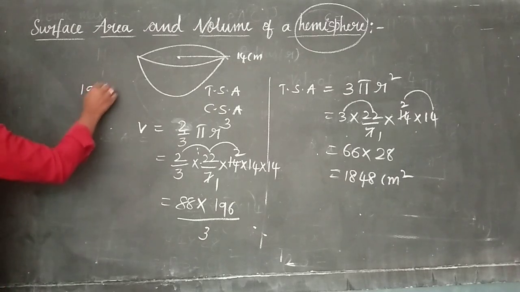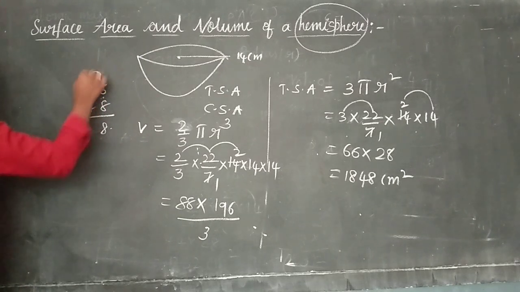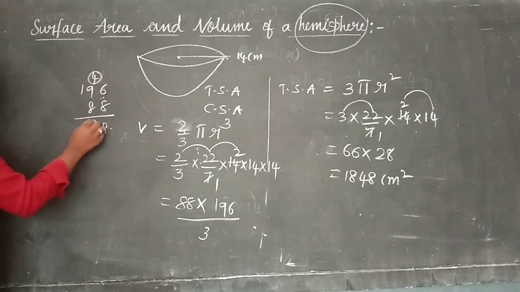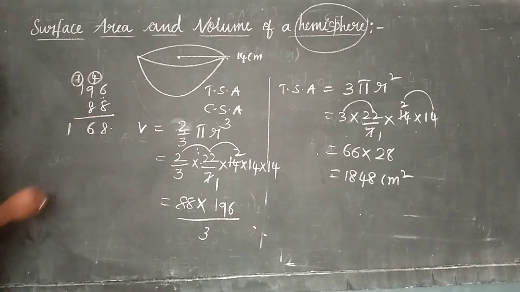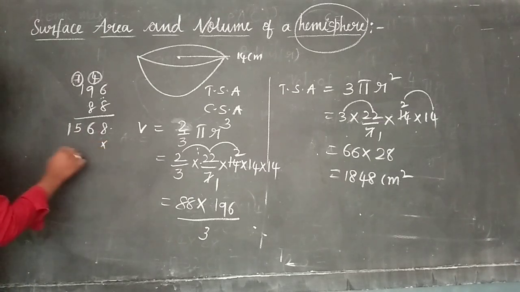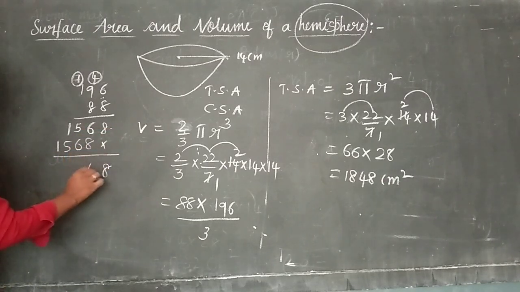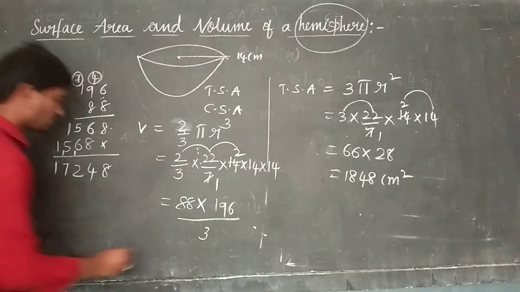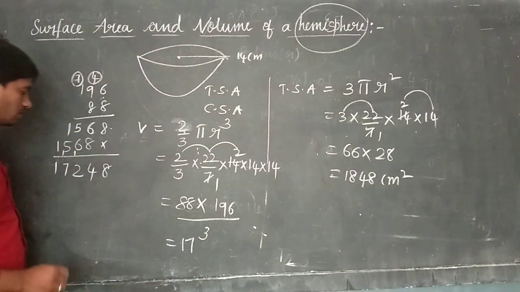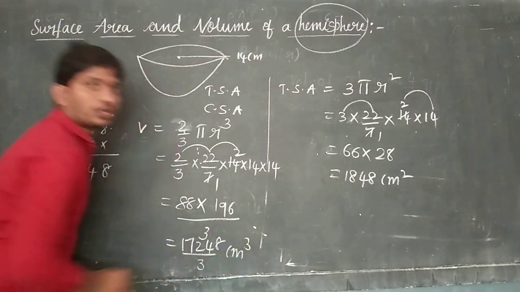Multiply 196 into 88, which is equal to 17,248 by 3 centimeter cube.